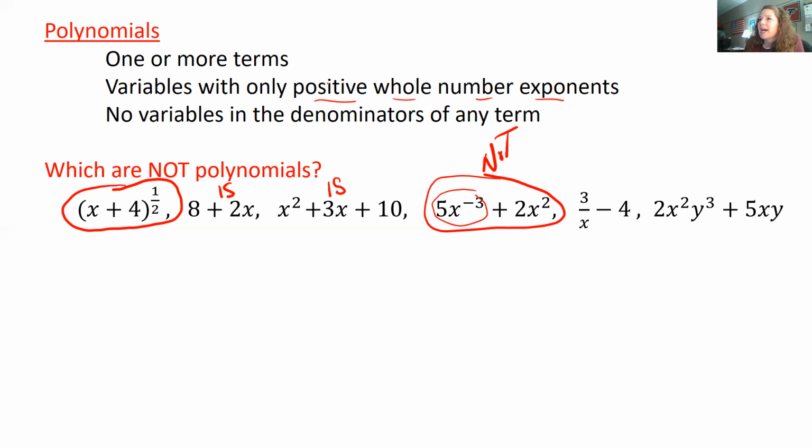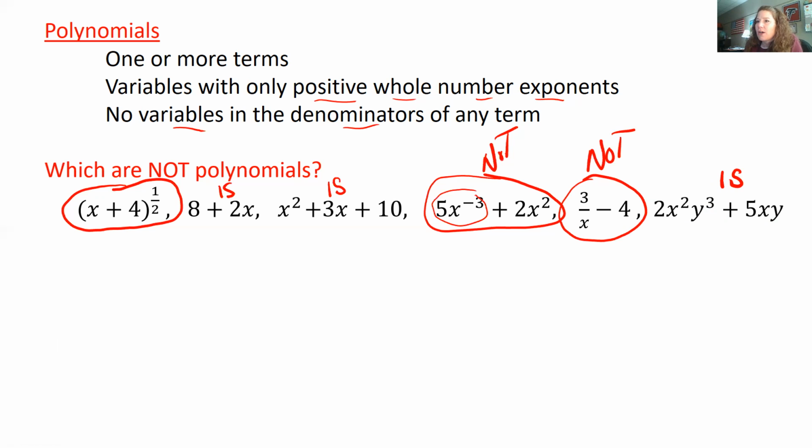This one has a variable in the denominator of the first term, so this one is not a polynomial. And finally, the last one, I see 2 terms separated by a plus symbol, positive whole number exponents, and no variables in denominators. So this one is a polynomial.